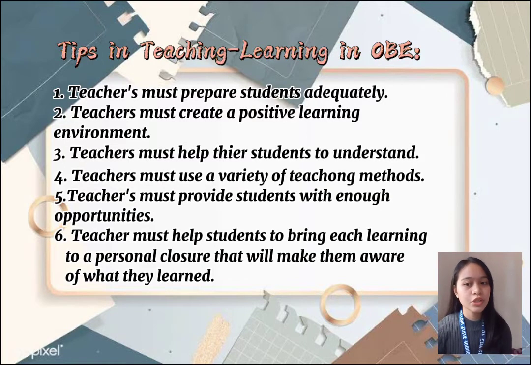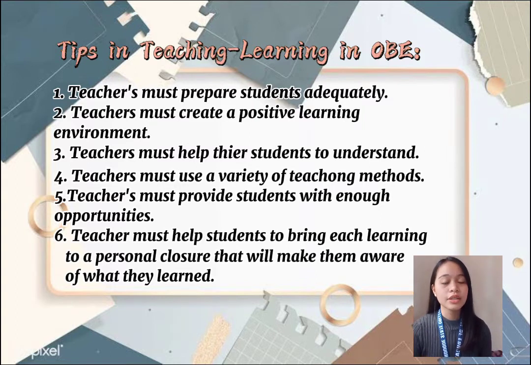Number 1, teachers must prepare students adequately. So, this can be done if the teachers know what they want students to learn and what learning outcomes to achieve. Prerequisite knowledge is important. Thus, a review is necessary at the start of a lesson.